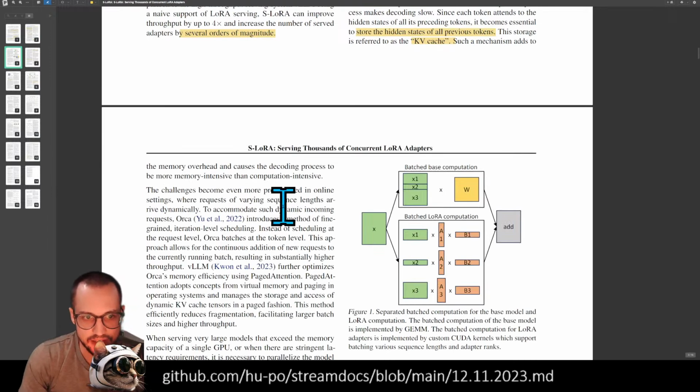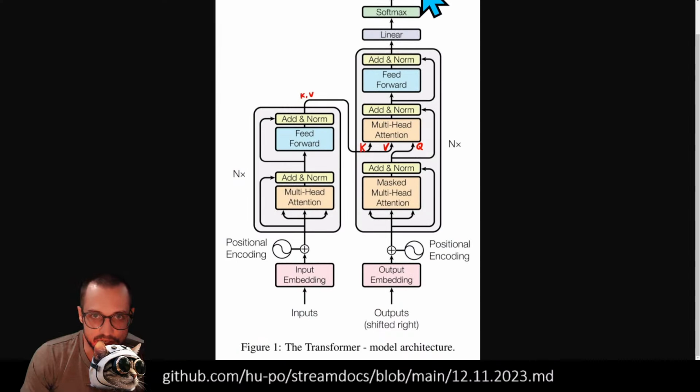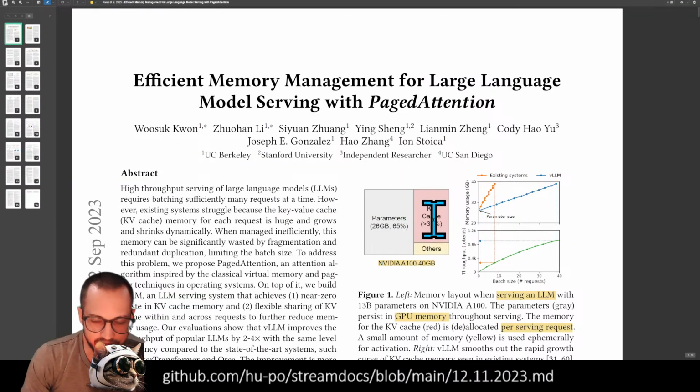Such a mechanism adds to the memory overhead and causes the decoding process to be more memory intensive than computation intensive. Okay, so here they're kind of lamenting this a little bit, right? Because they're saying, yeah, you can store everything in the KV cache like they're doing here, but then you're going to have to unload this KV cache and put a new one in if you're getting a customer that has a different thing that they encoded.